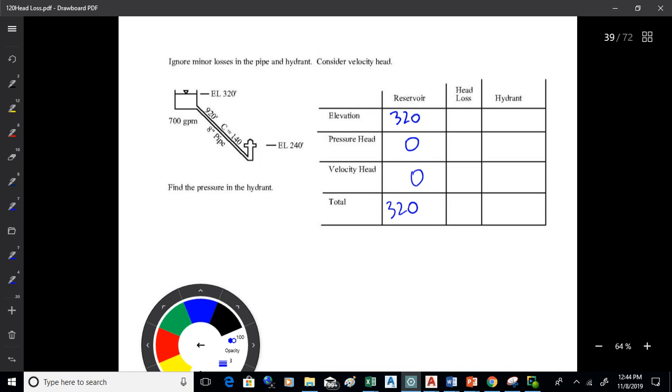The head loss will stay the same, because we're pushing the same flow through the same pipe with the same C. So what we're going to end up with here, once again, is 312.46 feet. Okay. We've got 240 feet for elevation at the hydrant. So it fills in very much like the one up above.